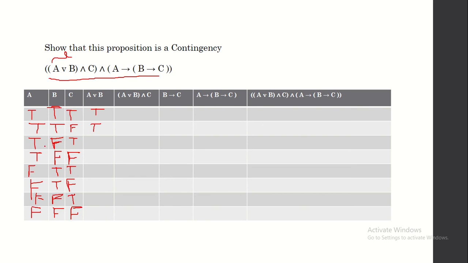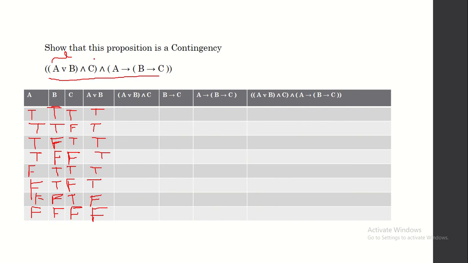Between A and B, A is true, so this will be true, this will also be true, and for these two it's also true as B is true. In the last two slots, both A and B are false, so A or B will be false.